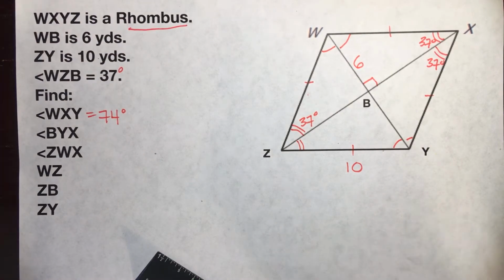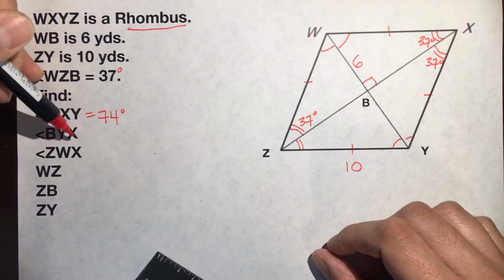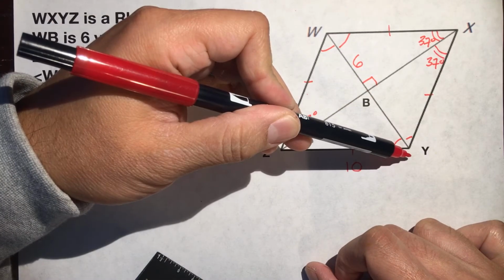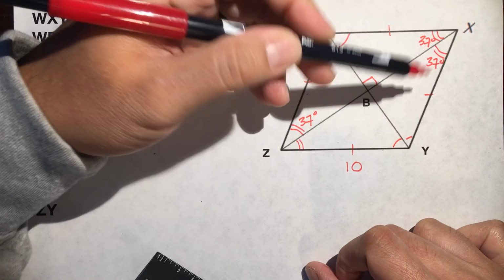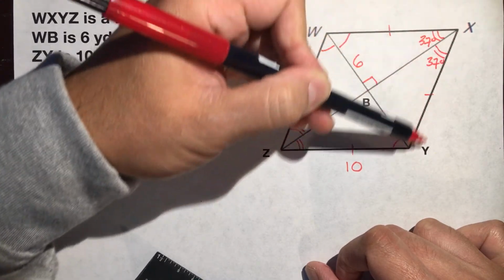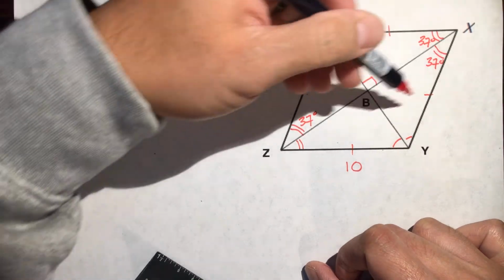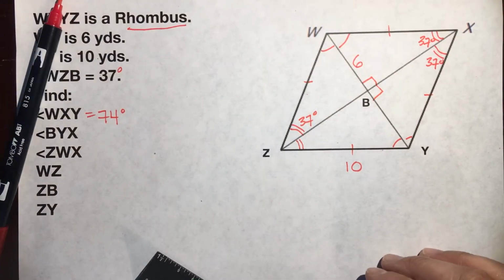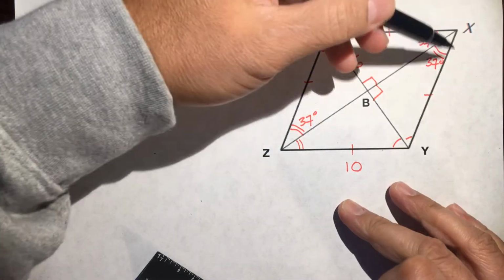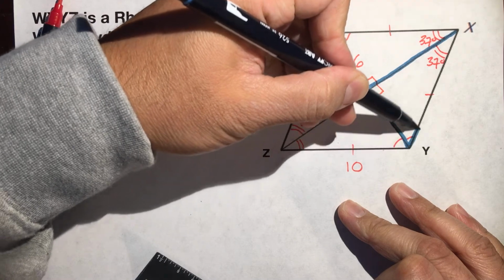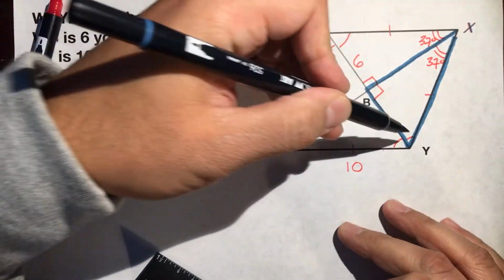Okay, next problem. BYX. So B to Y to X. So this angle right here. We're trying to figure out that angle.